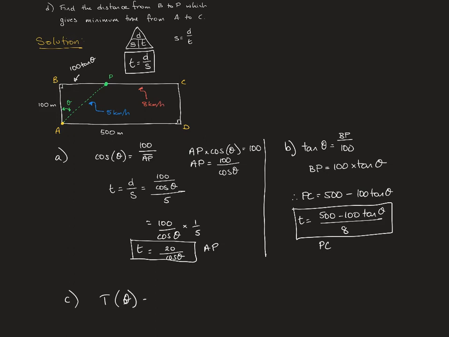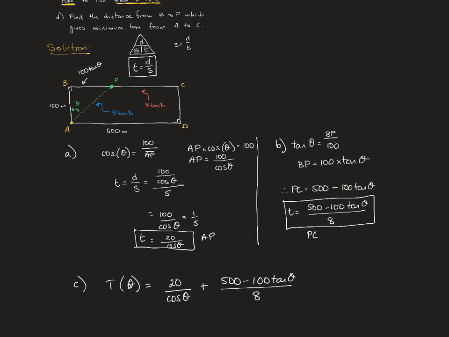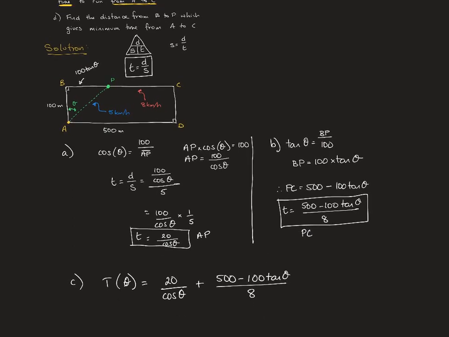T of theta is equal to the time to travel from A to P, which is 20 over cos theta, plus the time to travel from P to C, tan theta over 8. So that's our formula for the total amount of time taken.